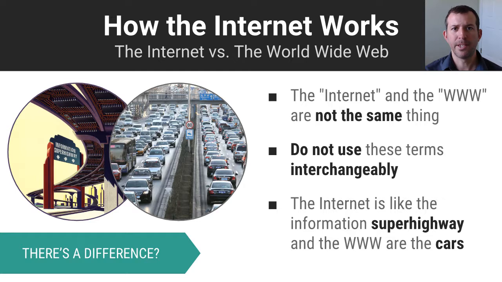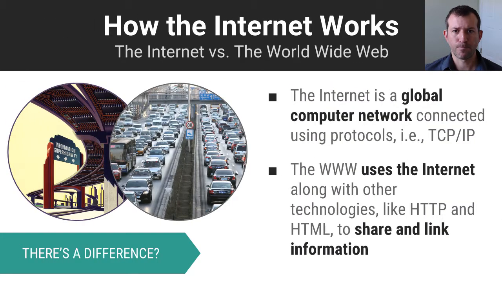The big takeaway is that there's a big difference between the internet and the World Wide Web. Do not use the terms internet and World Wide Web interchangeably. The internet is sort of like the superhighway that information can travel on, and the World Wide Web are kind of like the cars that travel on top of the internet.